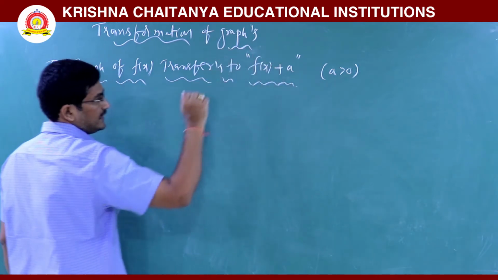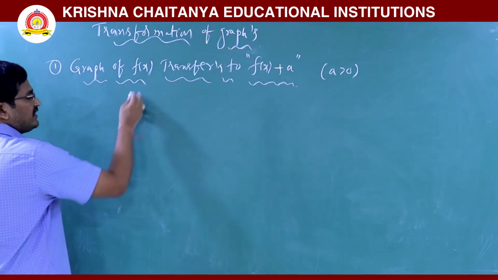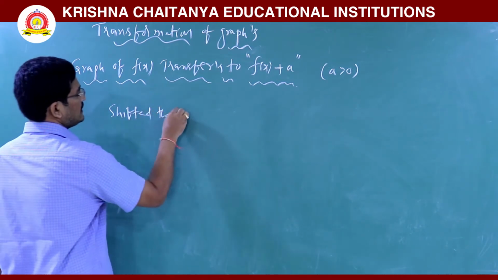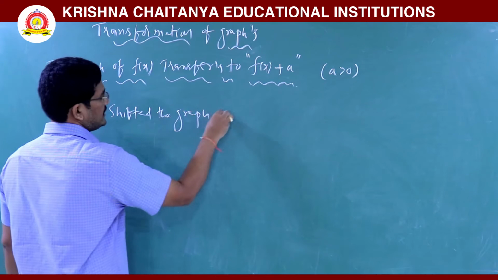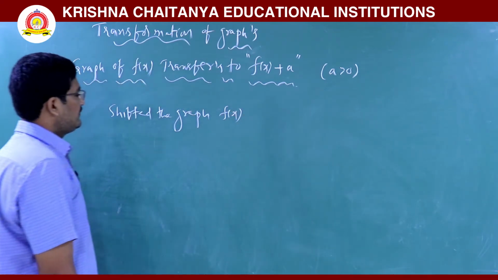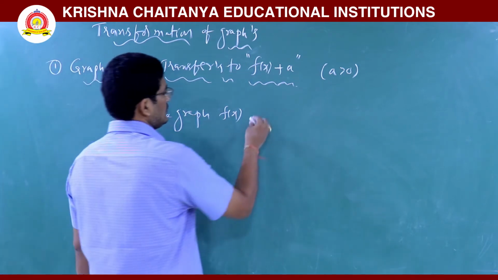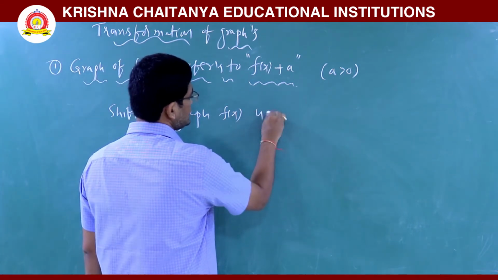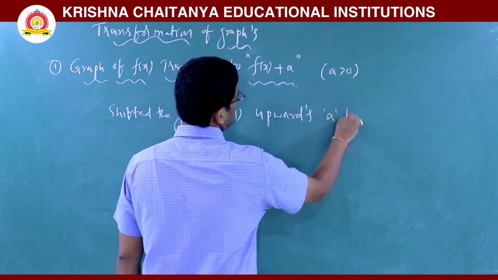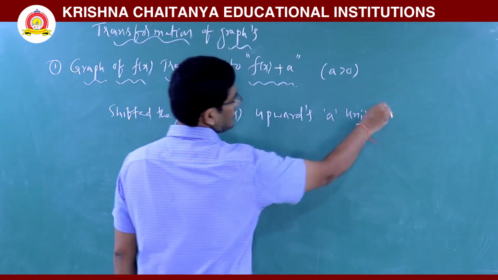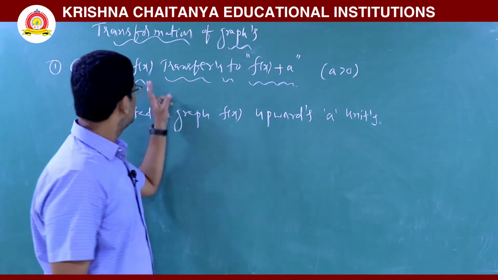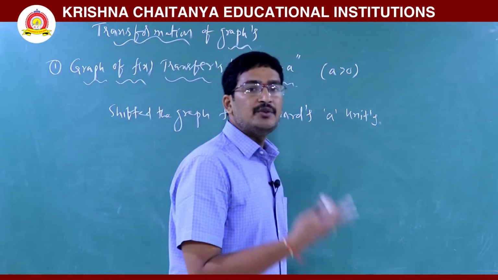You just have to shift the graph of f of x upwards a units. This is the easy method. To draw the graph of f of x plus a, just shift the graph of f of x upwards a units.